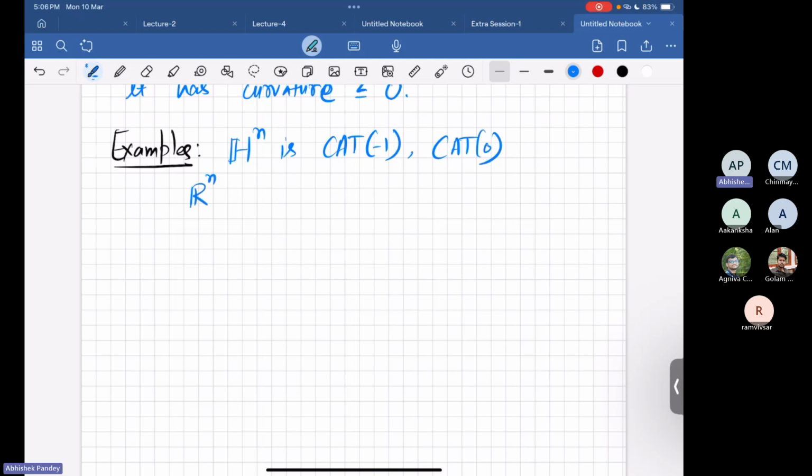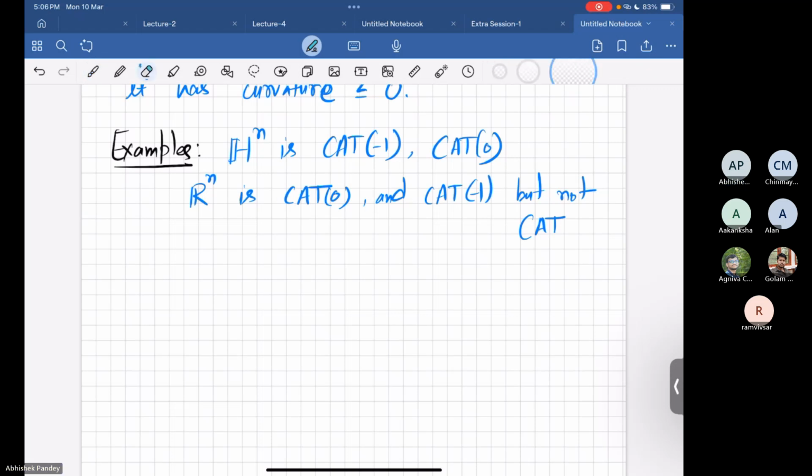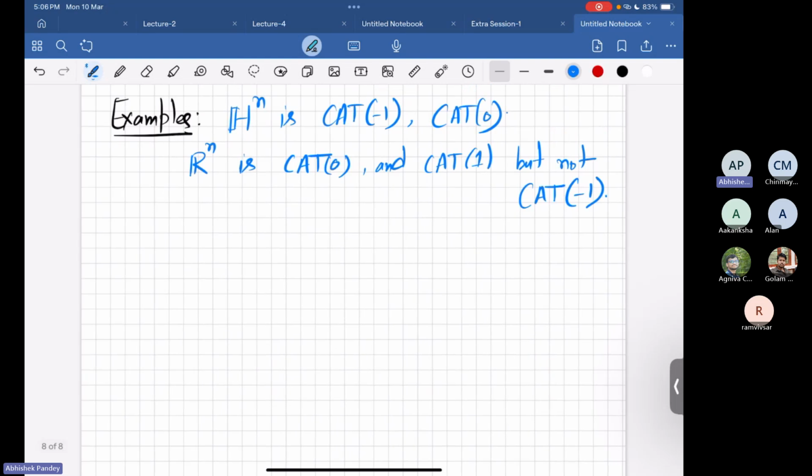R^n, the Euclidean space, is CAT(0) and CAT(-1)? No, obviously not CAT(-1). The sphere would be CAT(1), obviously not CAT(-1). These are fairly easy to see because H^n basically has curvature -1, so it falls under that.